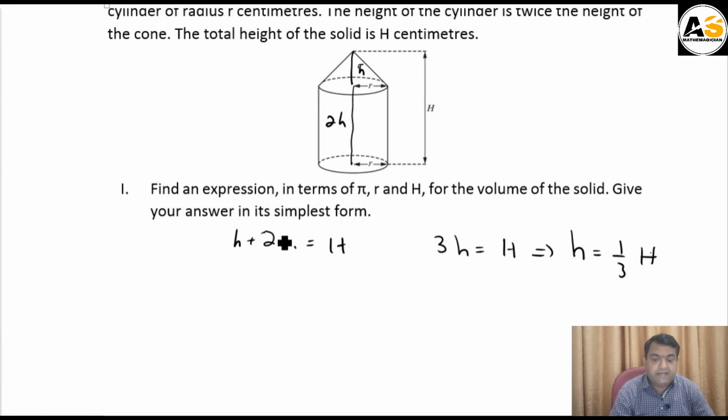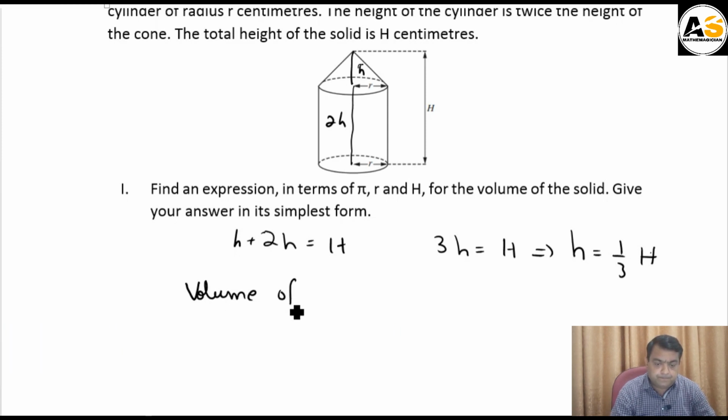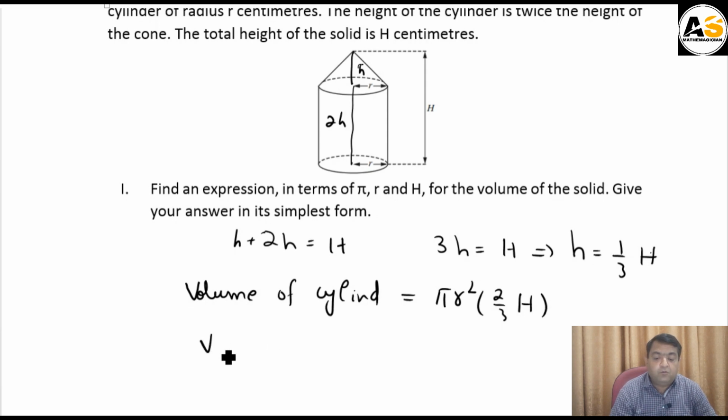Volume of the cylinder is pi r square h. h is 2 by 3 capital H. And what will be volume of cone?